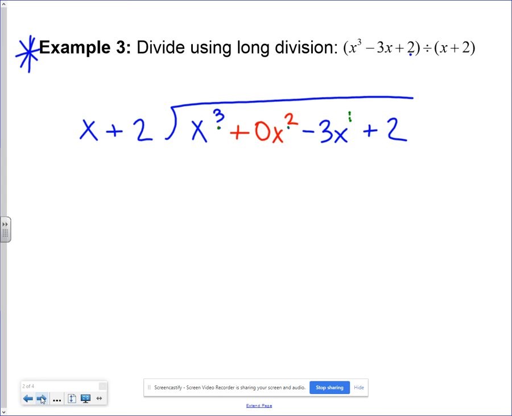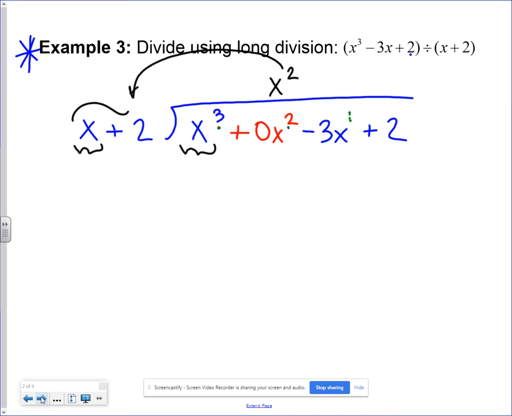All right. So now, here we go. I want to see what I have to take times this x to get x cubed. What do you multiply by x to get x cubed? X squared. So I want to write x squared out here.